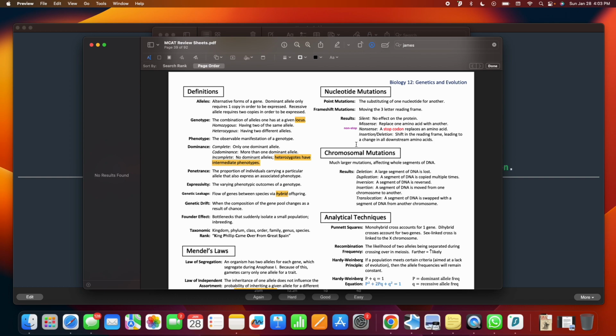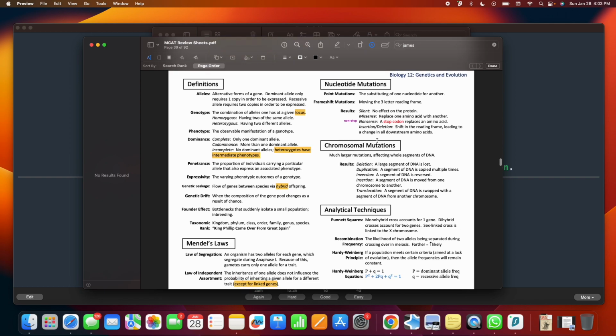So when you shift the reading frame, it leads to a change in all downstream amino acids. So that's either insertion or deletion. You add a nucleotide, you shift the reading frame, or you delete one, and that causes downstream changes in the amino acids.